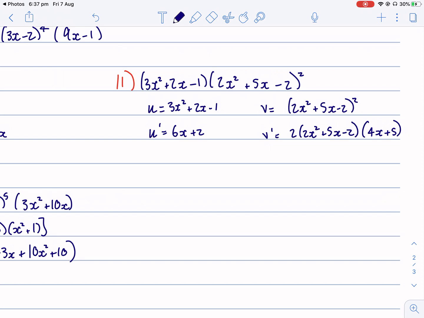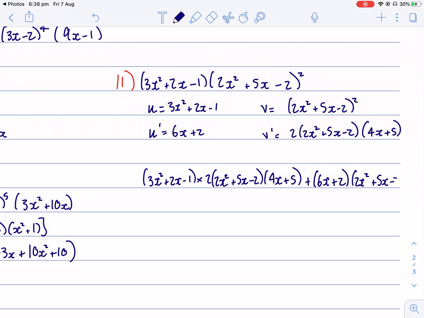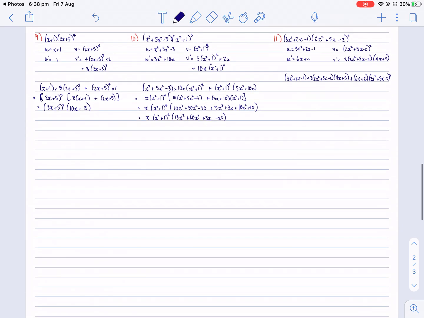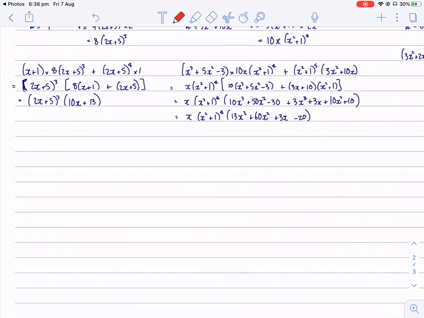Okay, so we've got 3x squared plus 2x, take 1, times 2 lots of 2x squared plus 5x, take 2, times 4x plus 5, plus 6x plus 2, 2x squared plus 5x, take 2, squared. I'm not going to bother with the rest. It's just annoying manipulation. All right, 12.